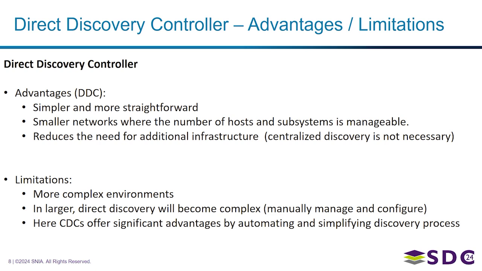When we talk about limitations, all the hosts and subsystems are visible to each other, so it will be very difficult to work in a complex network environment, and difficult to manage and configure from an administrator's perspective. This is where the CDC comes into the picture, taking advantage of automatically finding devices and simplifying the discovery process, as we will go through in the upcoming slides.